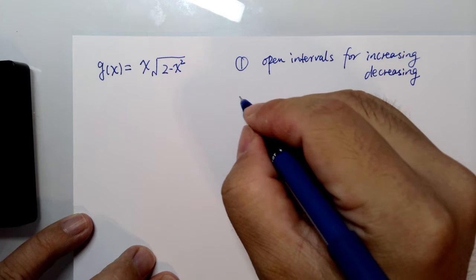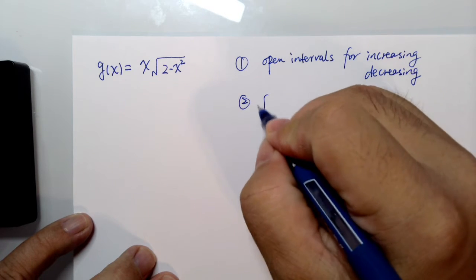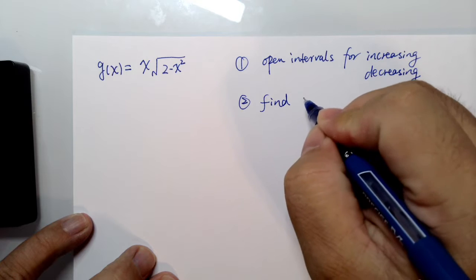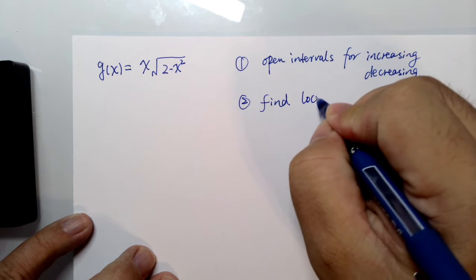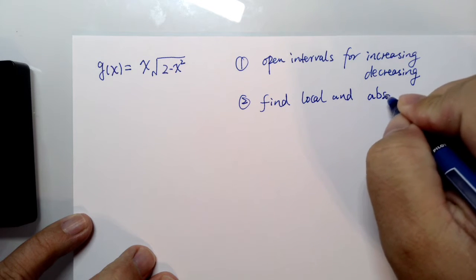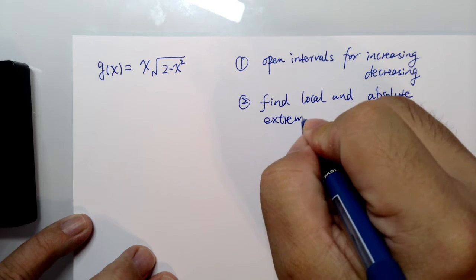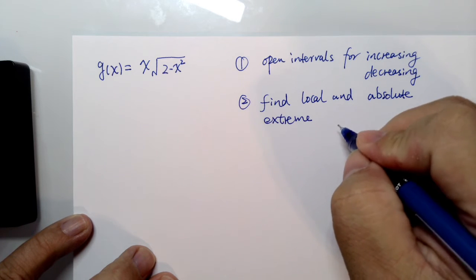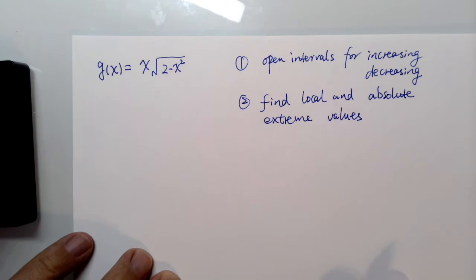Okay, that's question one. Two, find local and absolute extreme values, if any. So those are two problems.